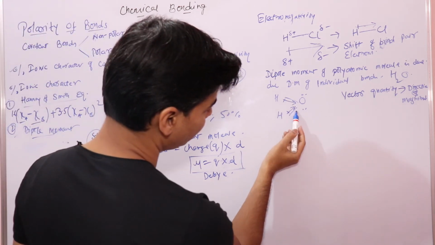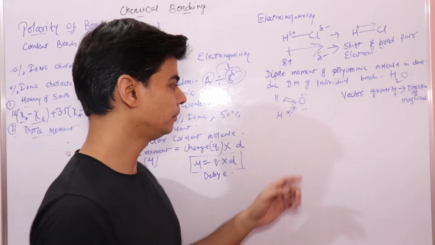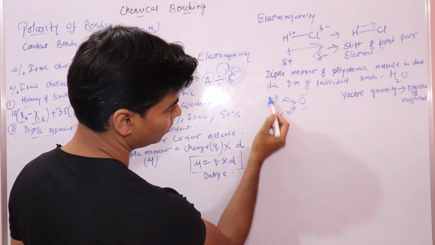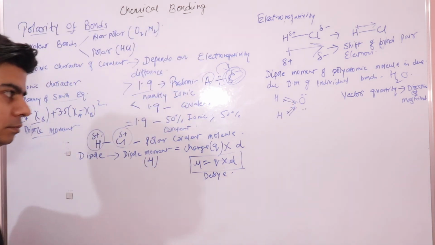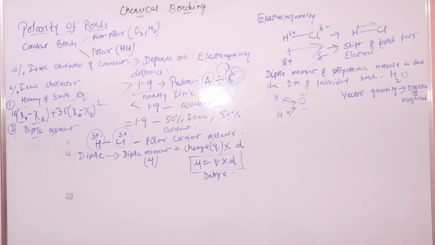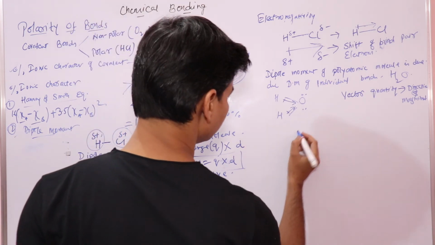So the dipole moment of the water molecule is the vector sum of the dipole moments of both these OH bonds. The net dipole moment would be somewhat like this.